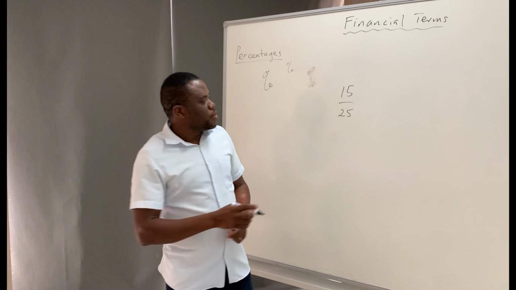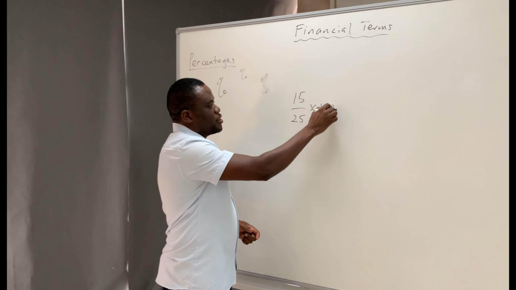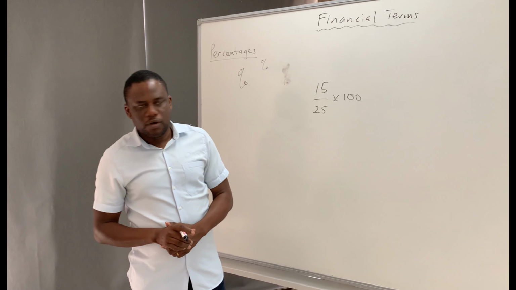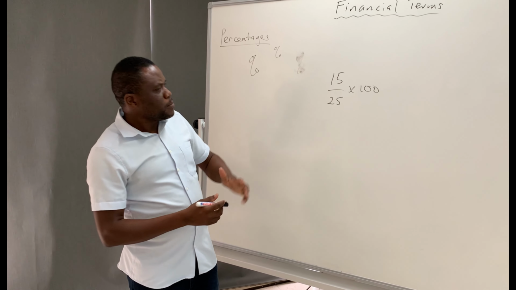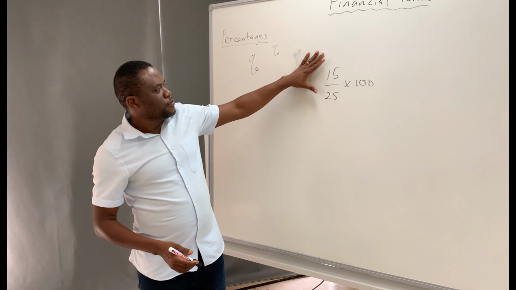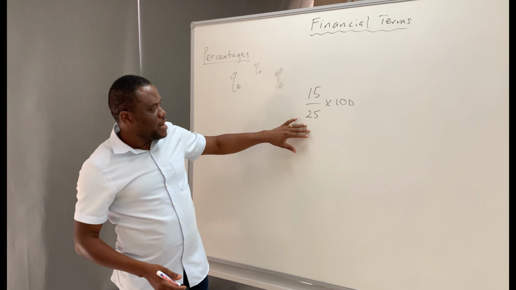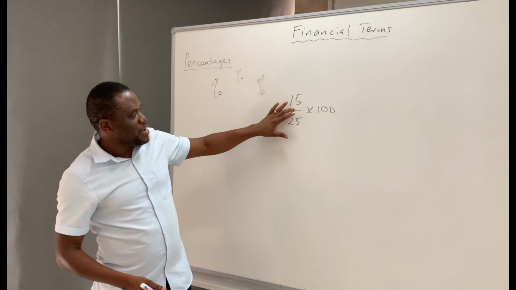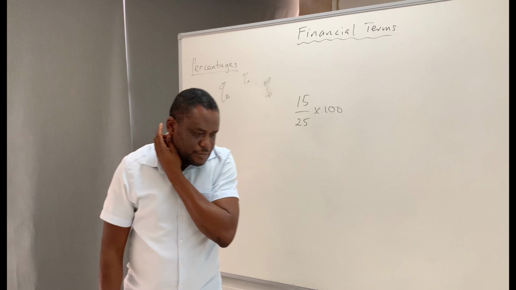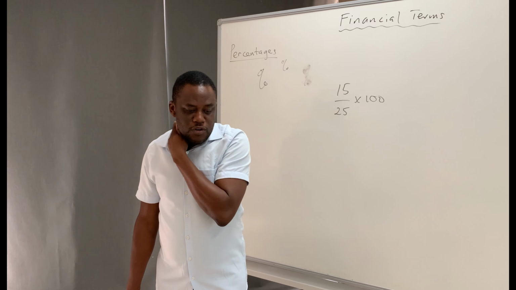What we have to do is to multiply this by 100. Okay? So, out of 25 students in the class, 15 pass, for example. And they want to know the percentage.